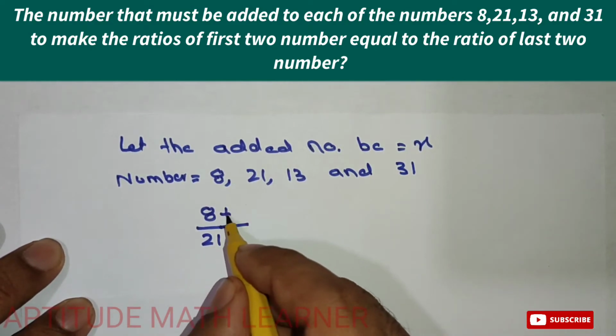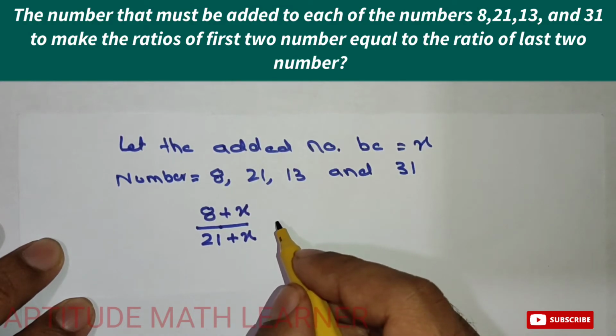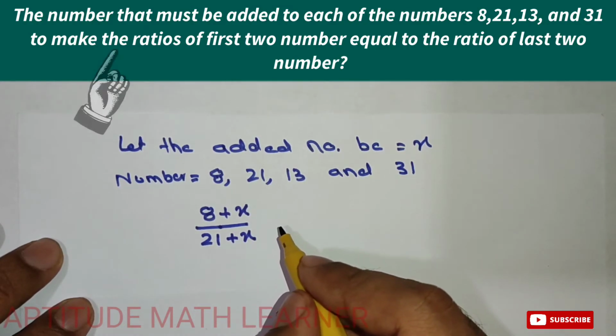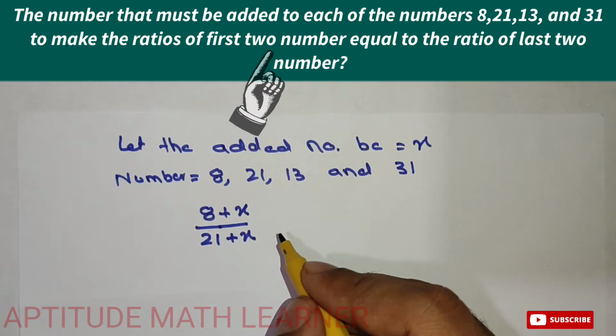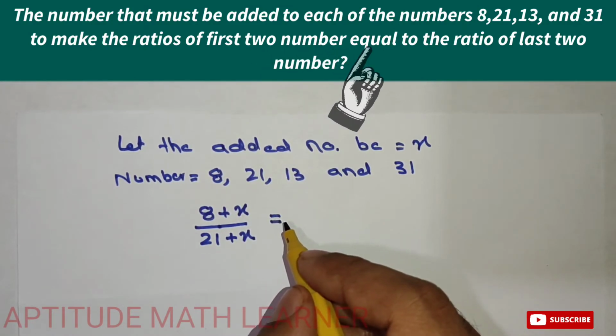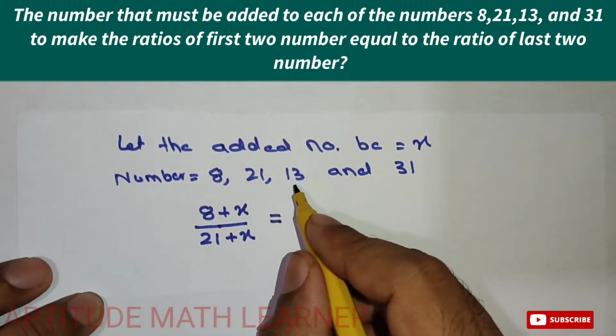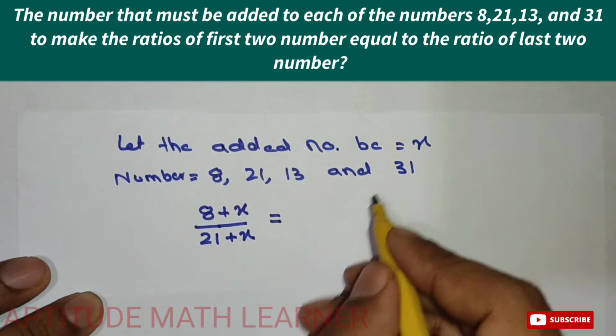So here we add x to both the numbers, and the next part says that the ratio of the first two numbers is equal to the ratio of the last two numbers, and the last two numbers we are having are 13 and 31.